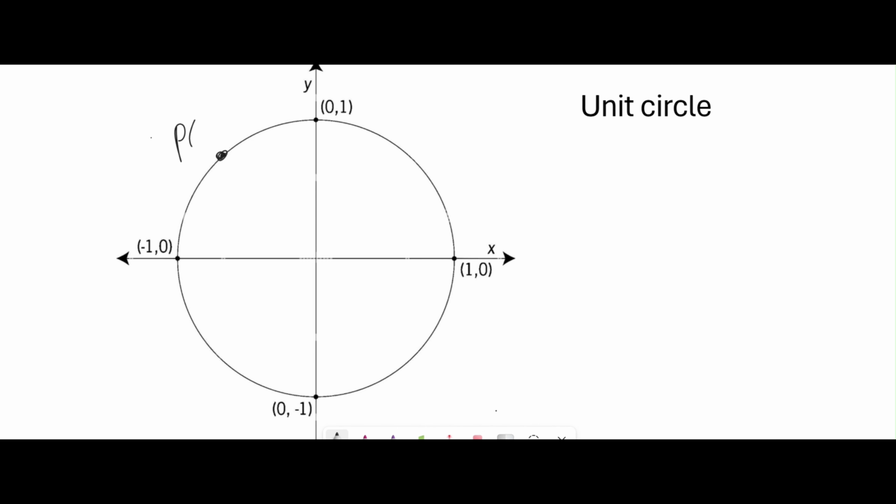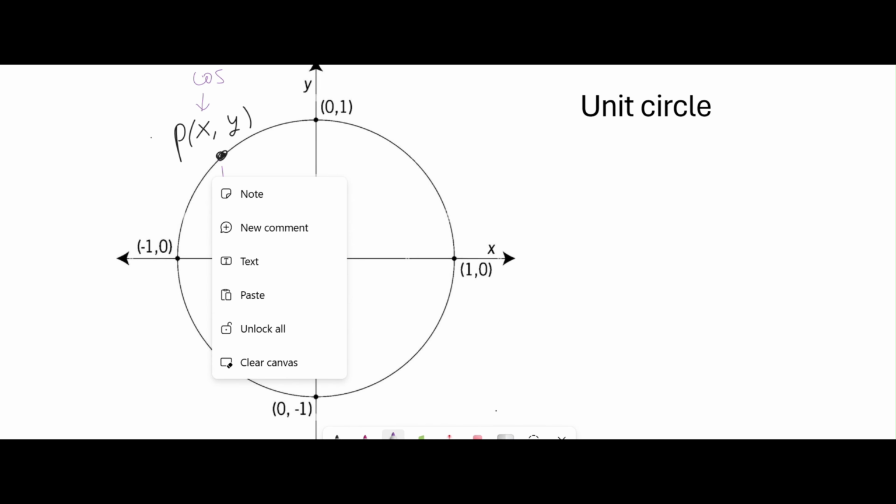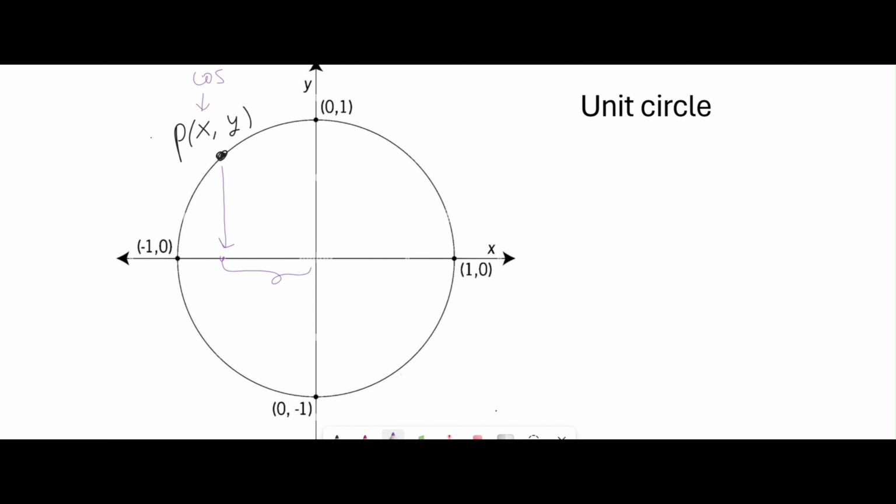We know that coordinates are x and y, and now we know the first coordinate represents the cosine value. The cosine value is the value on the x-axis, which means this length over here. So our cosine will be negative something, right?